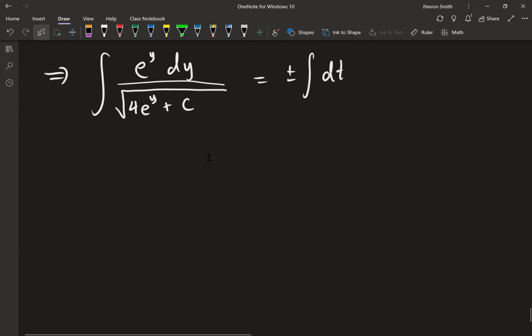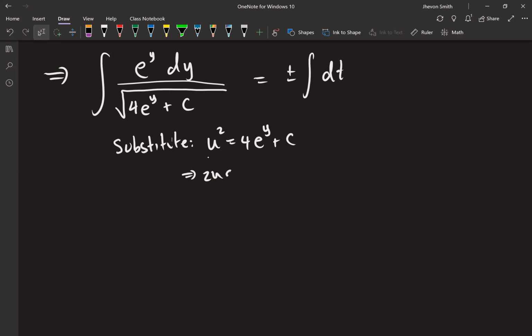And it turns out with this guy, you can actually do a substitution. Say u squared equals 4e to the y plus c. Then your 2u du is going to be 4e to the y dy. Or in other words, 1/2 u du is going to give us the e to the y dy.